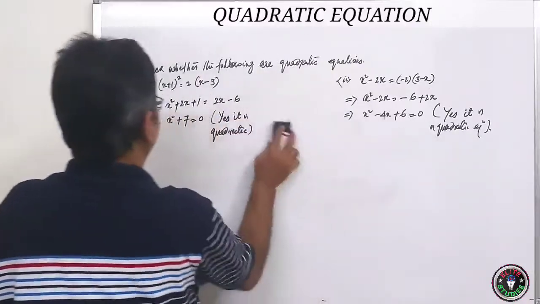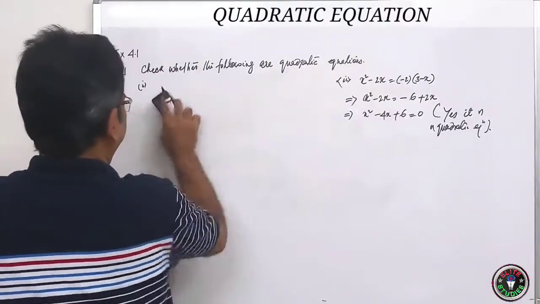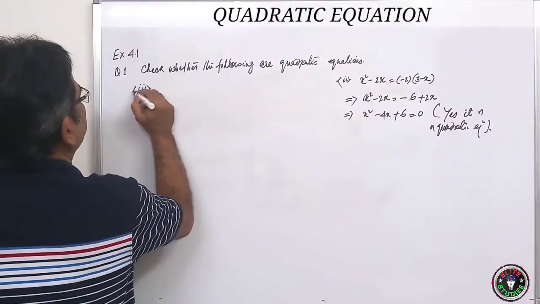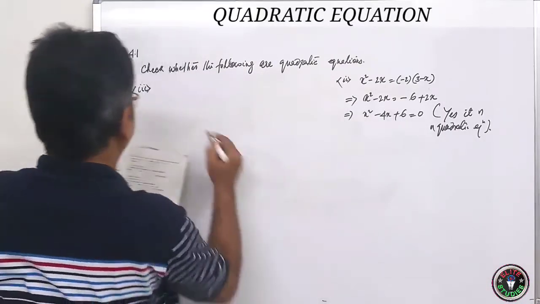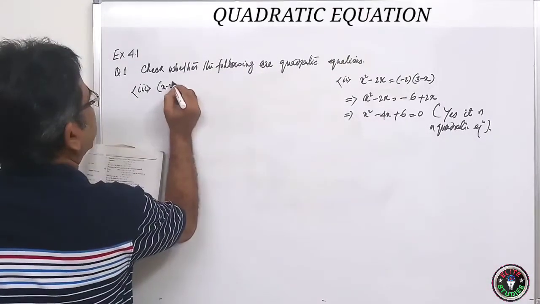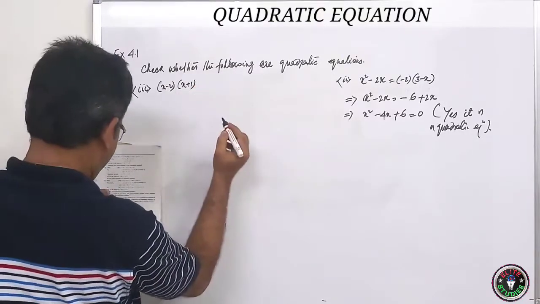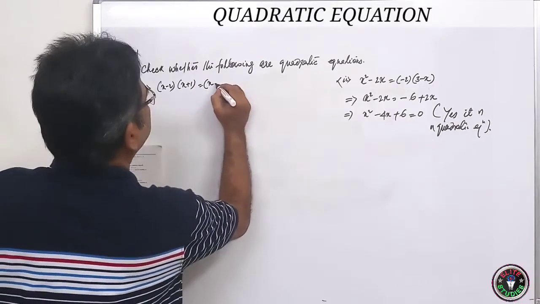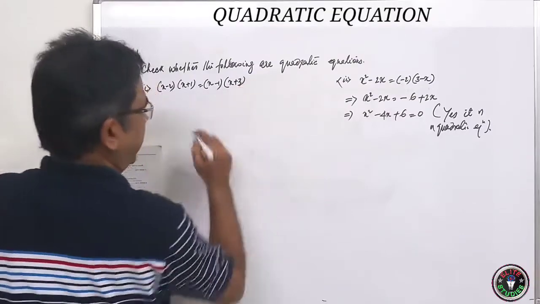Now we will do the third question. What is the third question? The third question is x minus 2 into x plus 1 is equal to x minus 1 into x plus 3.